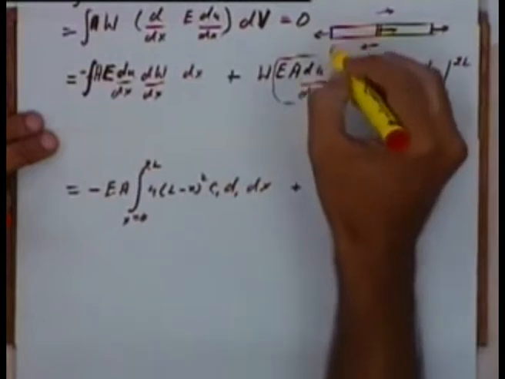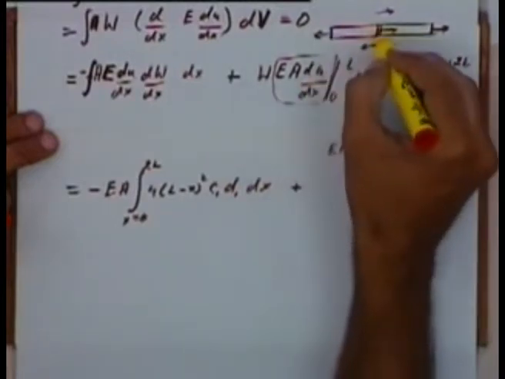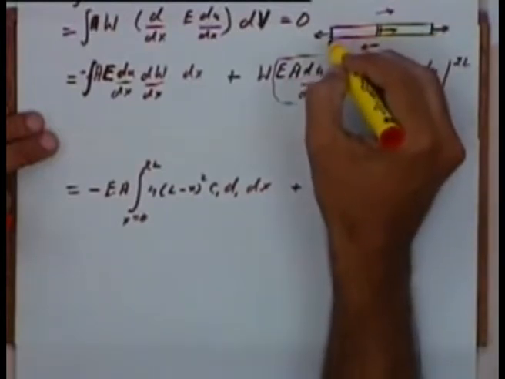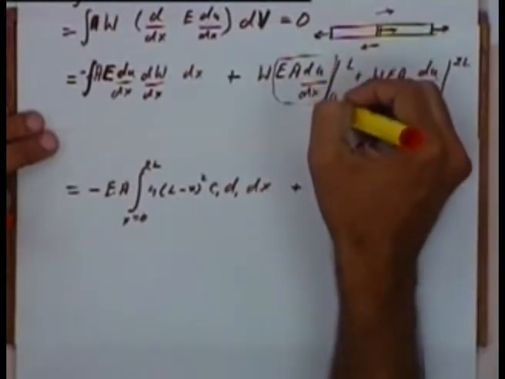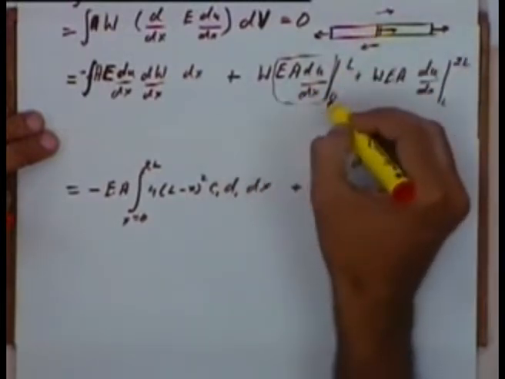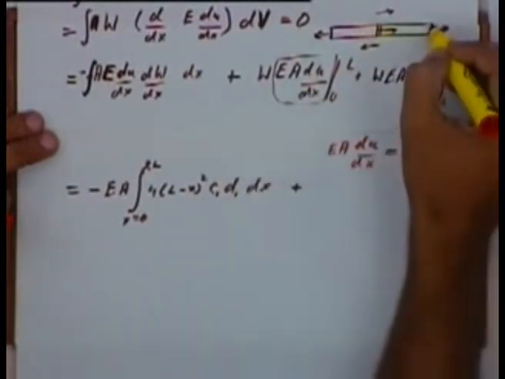Okay, so as you evaluate the integral from 0 to L and from L to 2L, at x equal to 0, this term will be equal to 0. At x equal to L, this term will be equal to P, and at x equal to 2L, this term will again be 0.